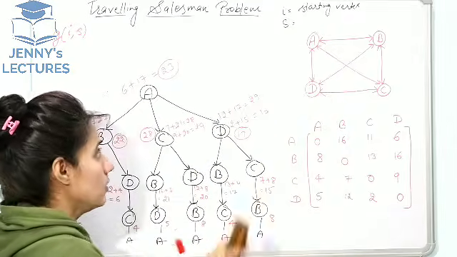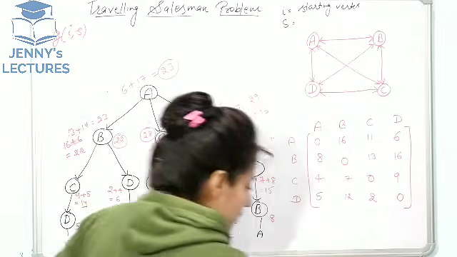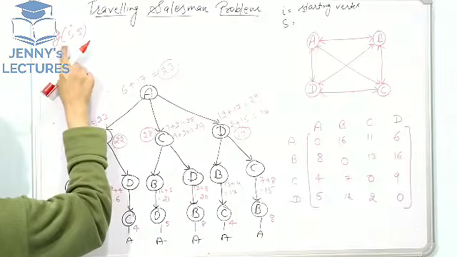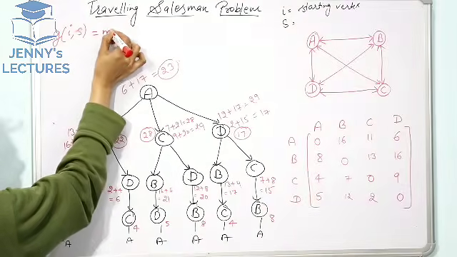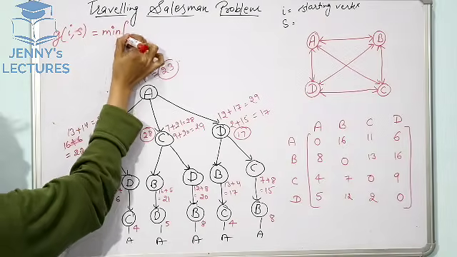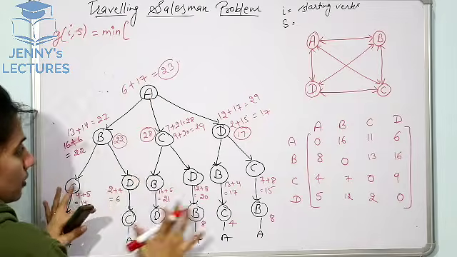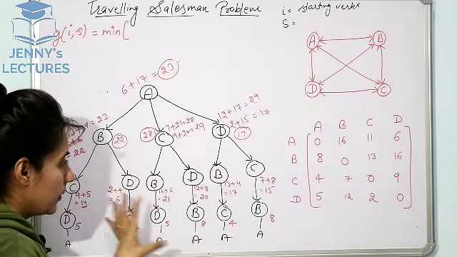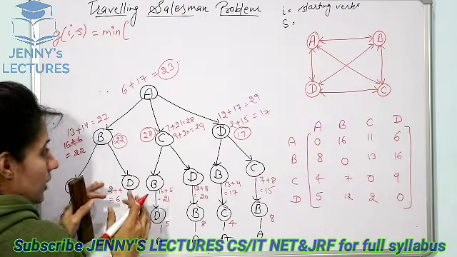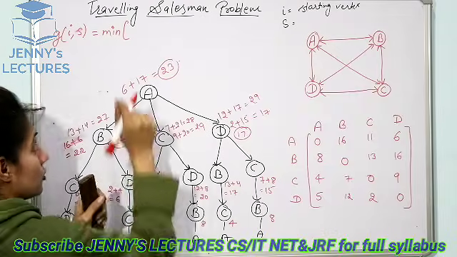Fine. Okay. Now if I write the formula, then it would be G of I, S, and it would be the minimum of, you can easily derive this formula from this logic. I have already explained the logic, and we are now deriving the formula from this logic.